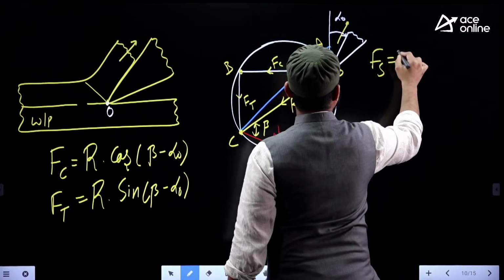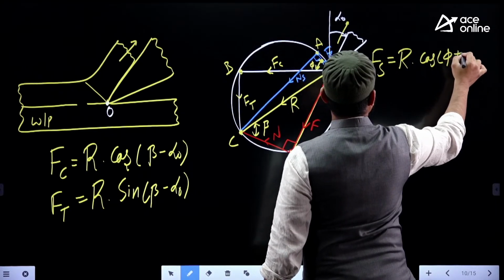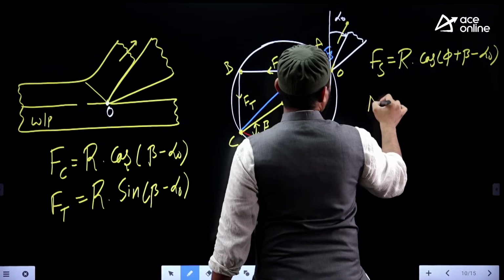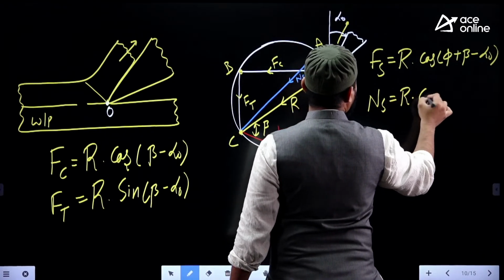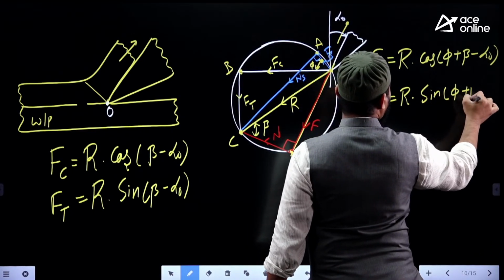Shear force you can write as R cos phi plus beta minus alpha, whereas normal shear force you can get as R sin phi plus beta minus alpha.